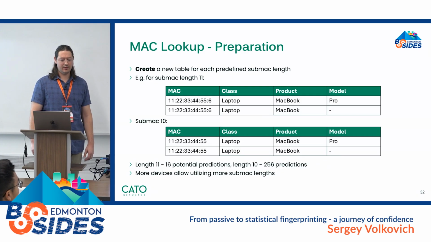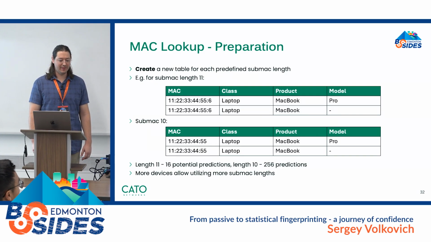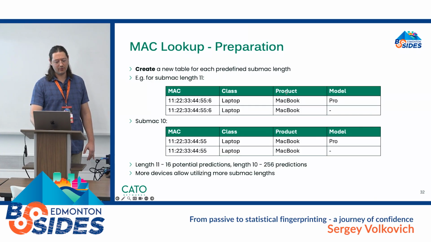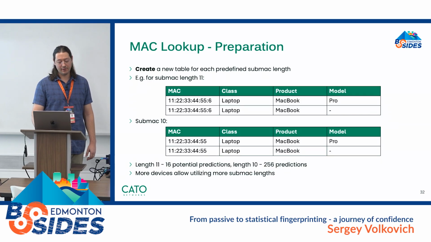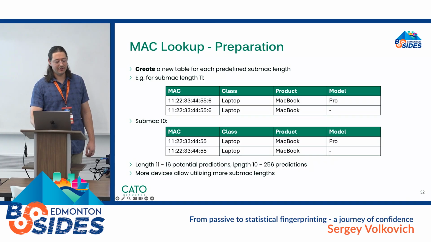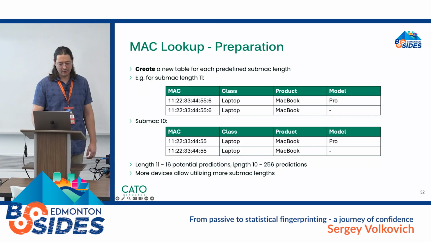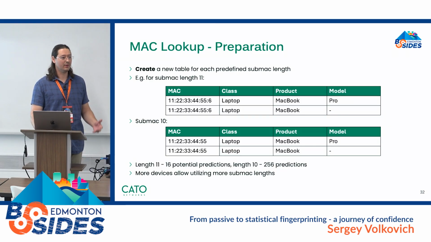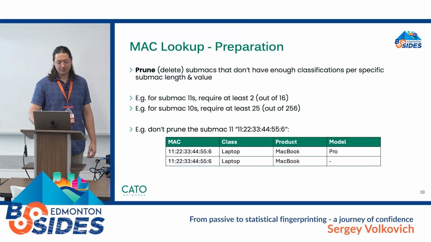We then create a sub-MAC table, which is based on just taking the original data and removing the required number of hexes from the end. Notice that the more hexes we remove, the more predictions are possible based on this row. The more devices we have, the more sub-MAC lengths we could use.